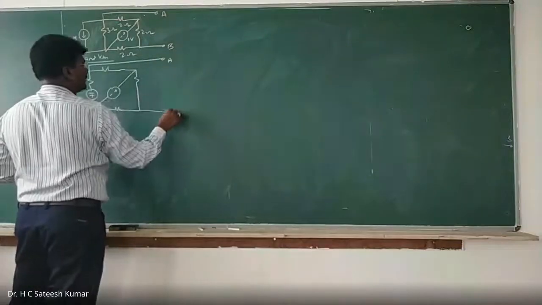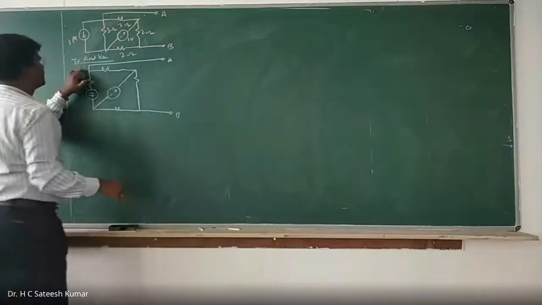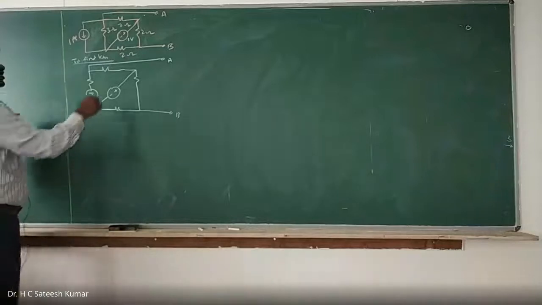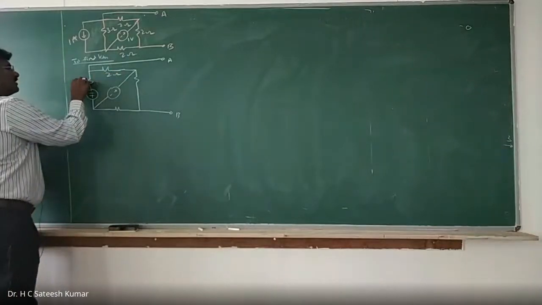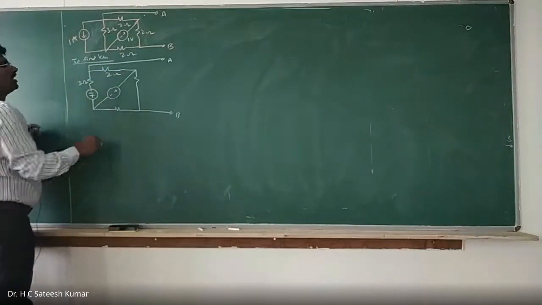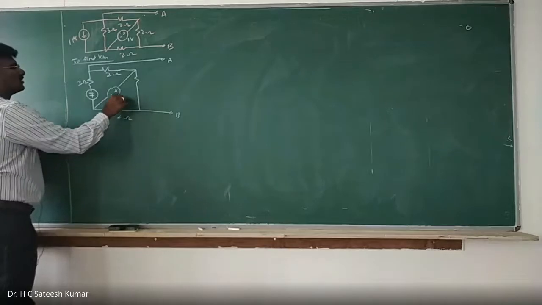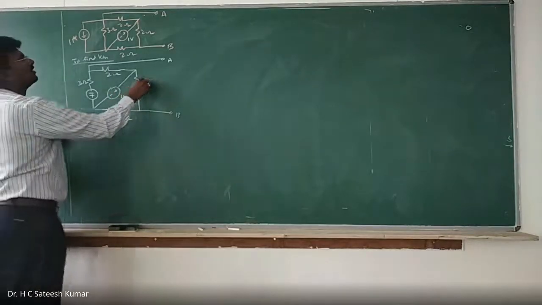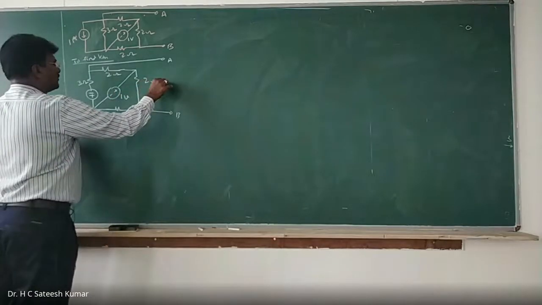A, B. You should be very much careful. See, from this point, 2 ohms, and this is 3 ohms, and this is 2 ohms. This is 1 volt. This is 2 ohm. Okay.